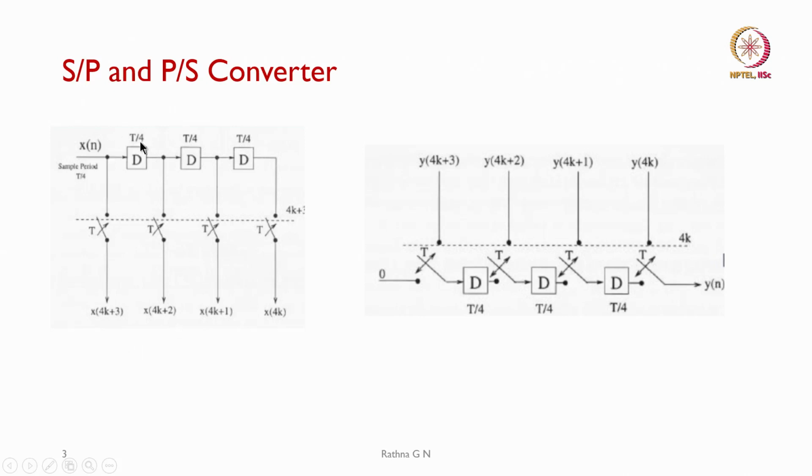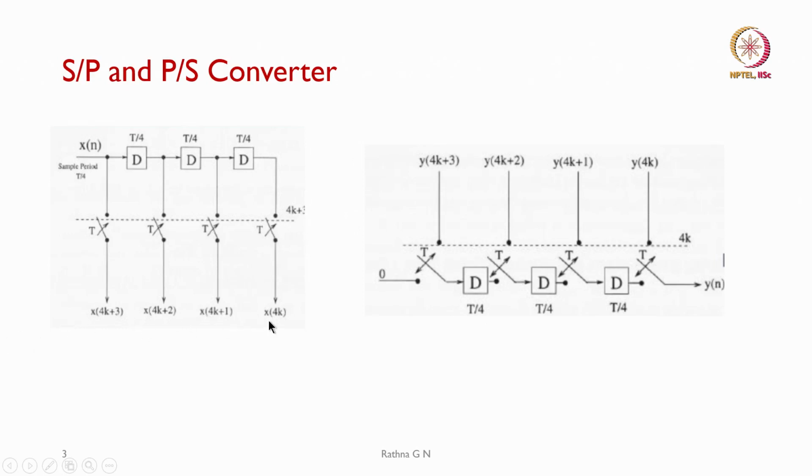So, every T by 4 clock cycle you will be switching on one of the units. So, all the 4 inputs are ready after my T clock cycle. This is how we will be feeding in all the 4 parallelly.